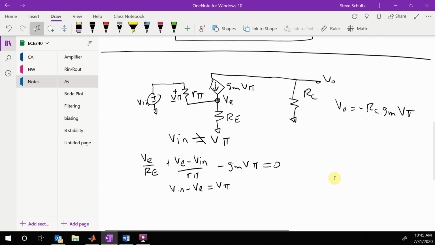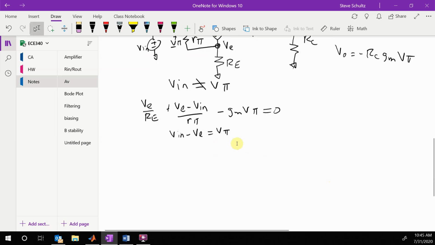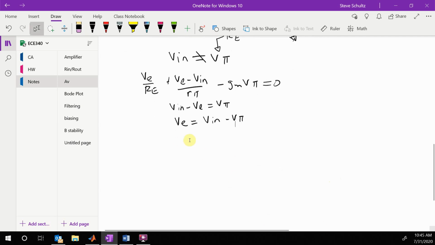And we are trying to get rid of the VE, not the V pi, so we can also have VE equals V in minus V pi. Okay, so then we're going to take this and plug it into that equation.